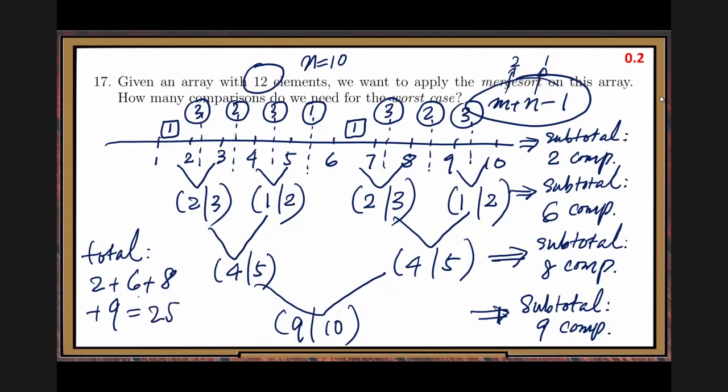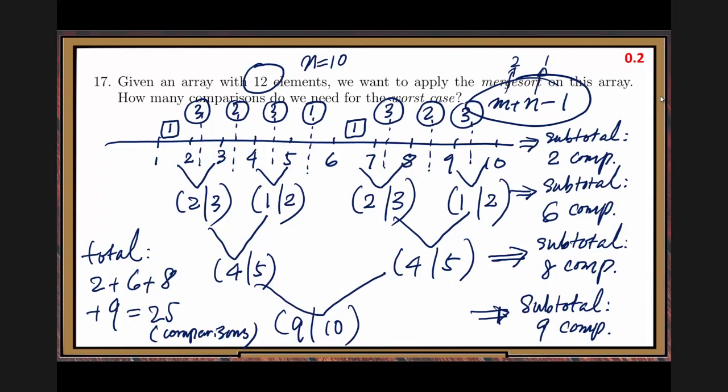So here you can see the worst case, 25 comparisons. Previous one, best case, 15 comparisons. This one, 25 comparisons. That's the way you do it, okay?